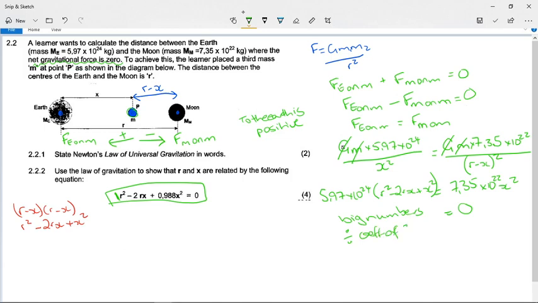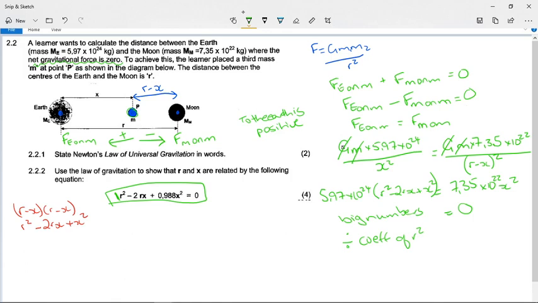Okay, and then you will end up, goodness me, that handwriting is shocking. Okay, you divide everything through by the coefficient of R squared, and then you're going to end up with this equation, provided you've put all the numbers into your calculator correctly.